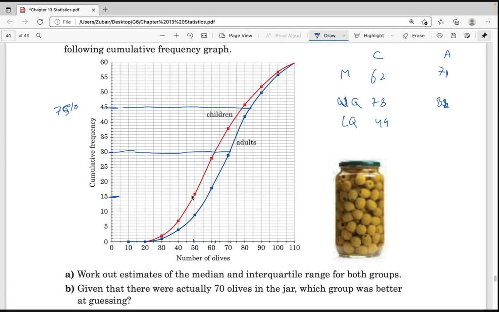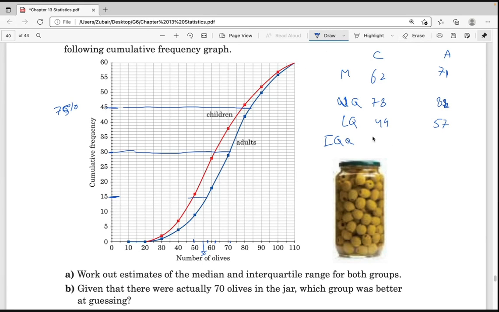For adults, it is between 56 and 58, so let's make it 57.